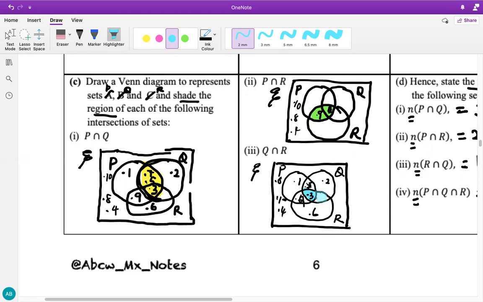If you shade like this also can, but here there are no elements, right? So it's okay. So this is how you draw a Venn diagram to represent the area of P intersect Q, P intersect R, and Q intersect R, right?